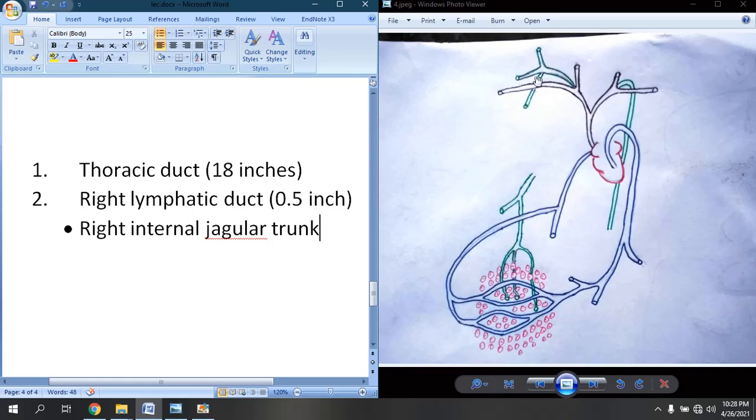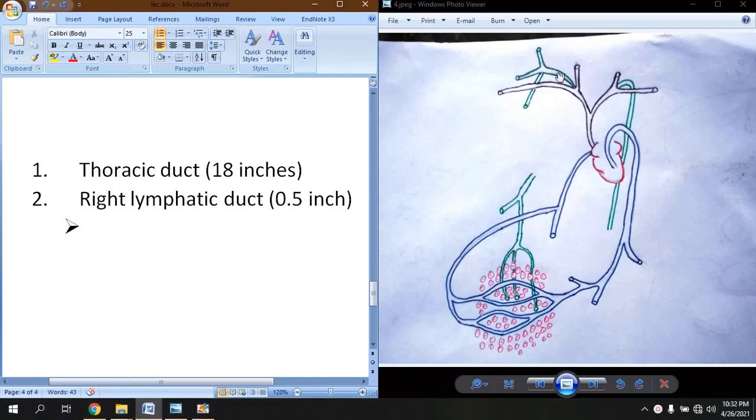So this is the right internal jugular trunk. The three main branches of the right lymphatic duct are: number one, the right internal jugular trunk.